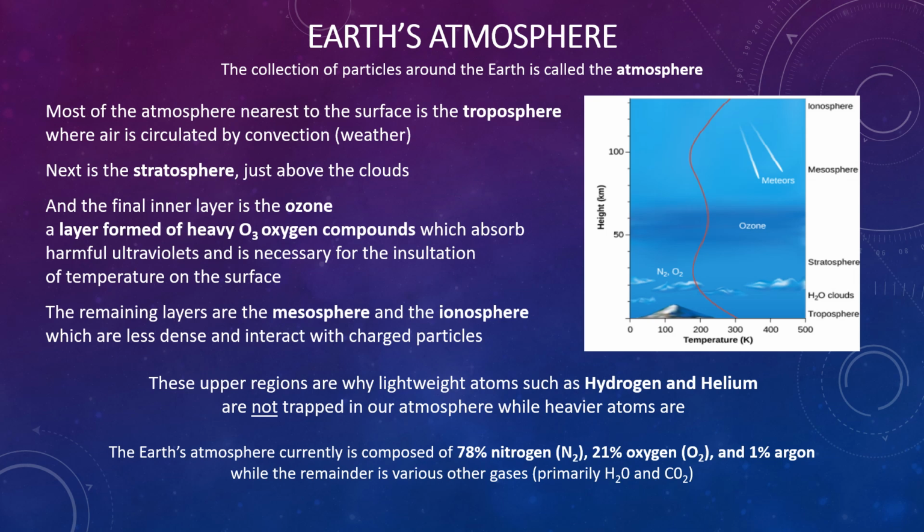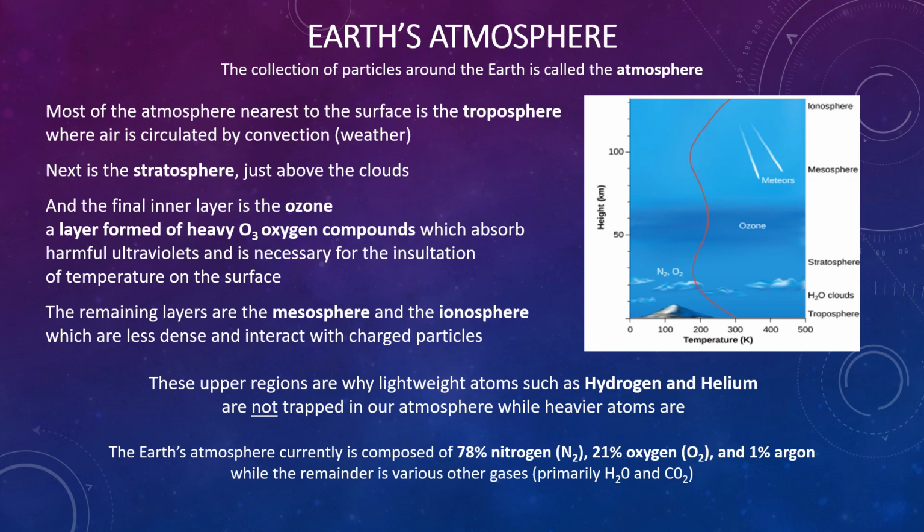And the final layer of our atmosphere is the ozone, where there are very heavy oxygen molecules, in this case O3 compounds, which absorb a lot of harmful UV and help insulate our surface temperature. And the remaining layers are the mesosphere and the ionosphere, and they are much less dense and they primarily interact with the charged particles, and this is where aurora occur up in the atmosphere.